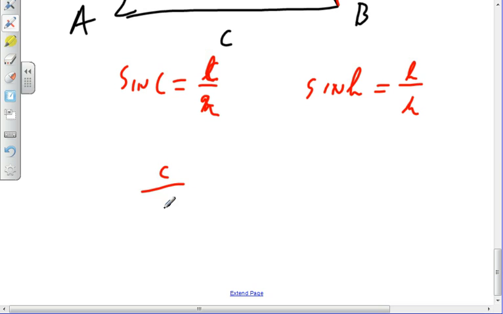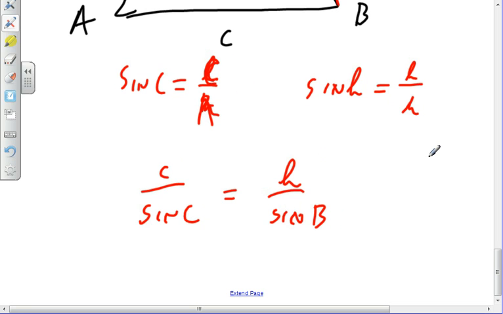I'm going to say C over sine C is B over sine B. What's the second one? Is it B over H? Sine B, that's an H. And the next one, this is a C. The H is on the bottom. That's a B. But in both of these examples, the H's are different, right?